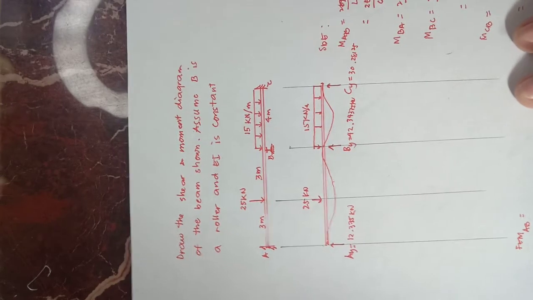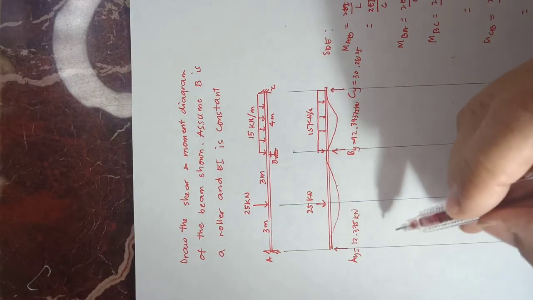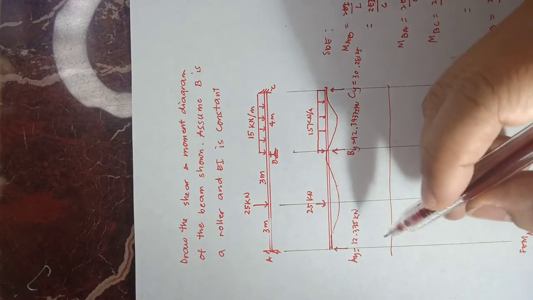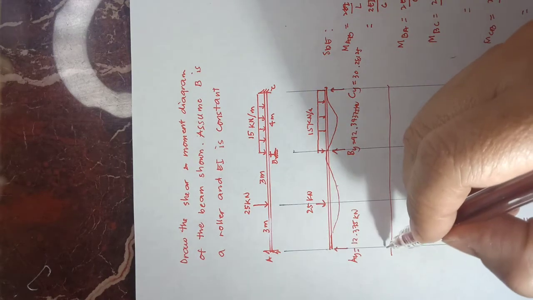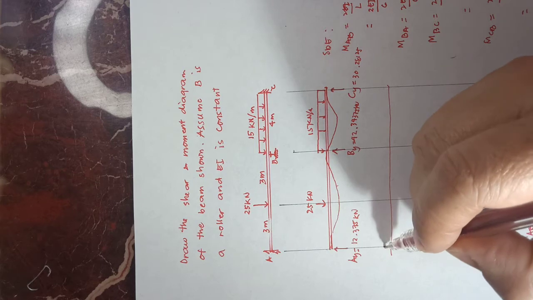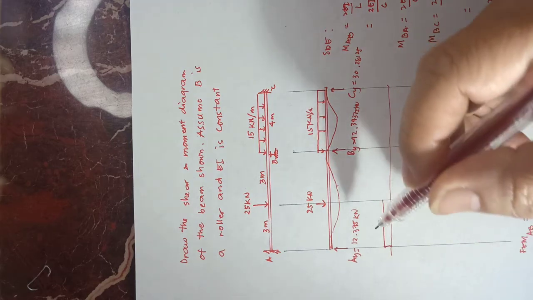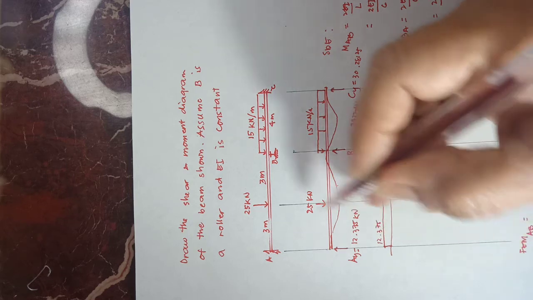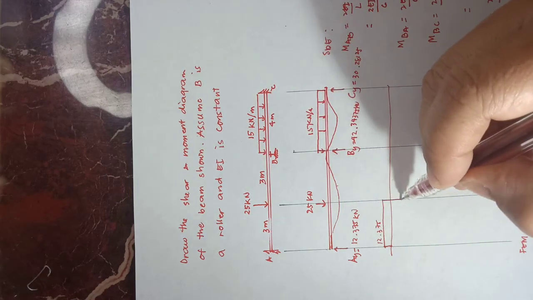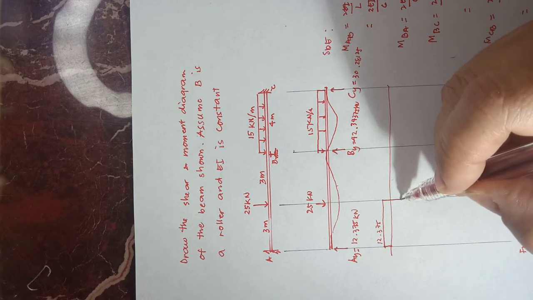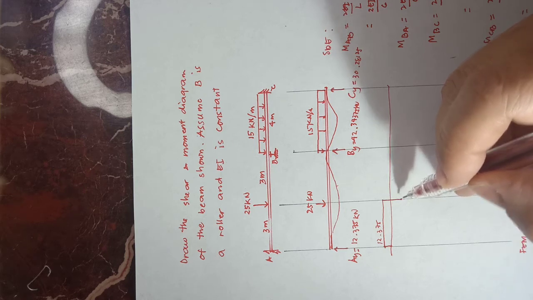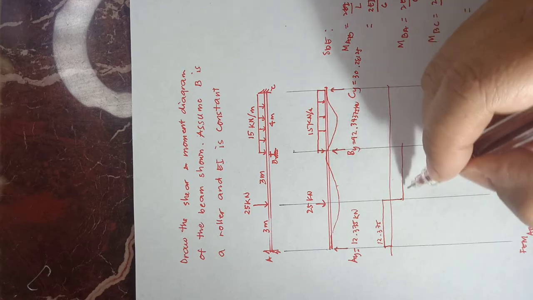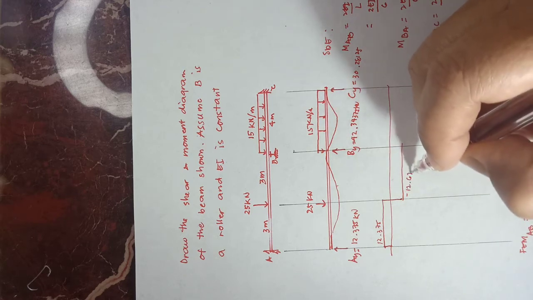Okay, so for our shear diagram, we have AY upward, so that would be positive, zero load, so constant shear, so this is 12.375 minus 25, and that is equal to 12.625 minus 12.625.